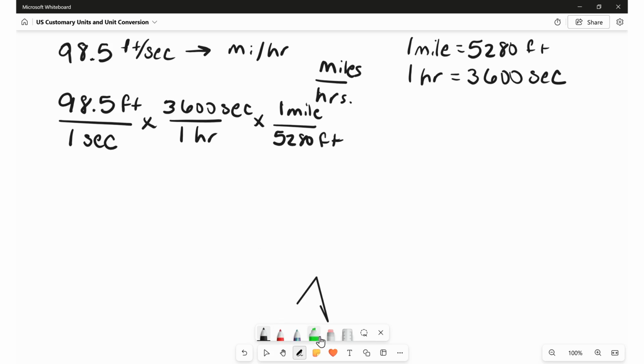Then we end up with the mile on top, the hour on the bottom, just like we want. This second cancels this second, and this feet cancels this feet. When we do all of our multiplication out, we get about 67.2 miles per hour.